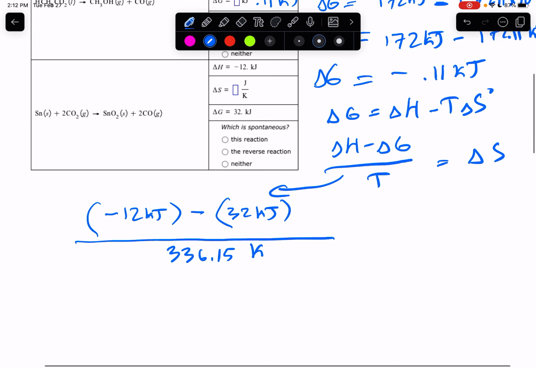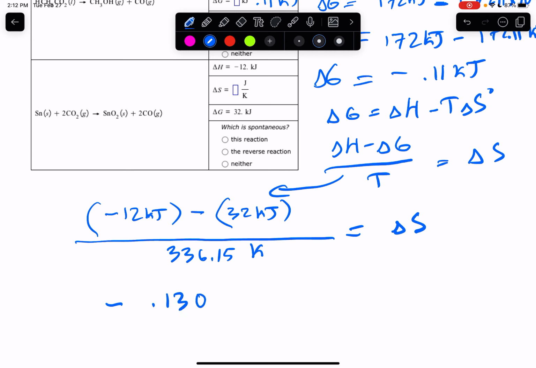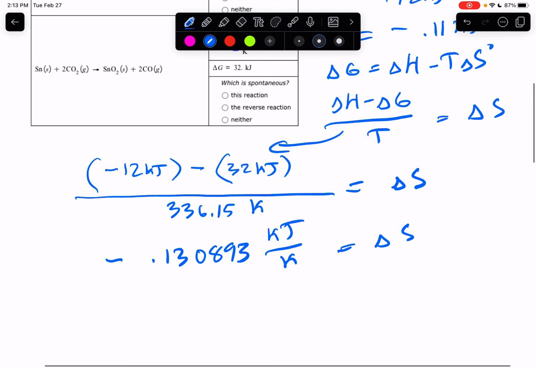When we solve it out, our change in S is going to be equal to negative 0.130893. I'm keeping all the numbers in here because I can, but that unit is going to be kilojoules per Kelvin is equal to my change in S. The problem is that we cannot keep it in kilojoules. We have to convert it to joules.